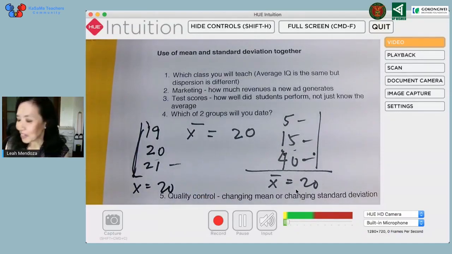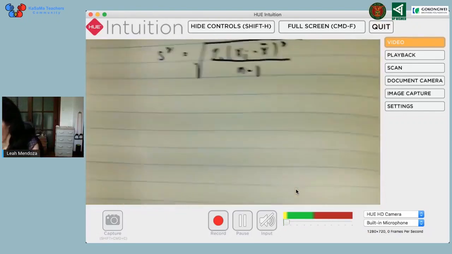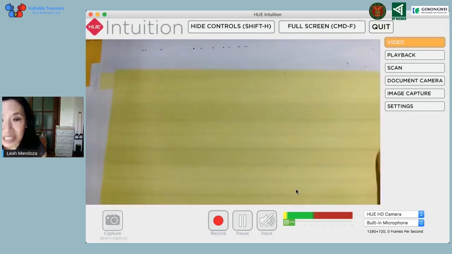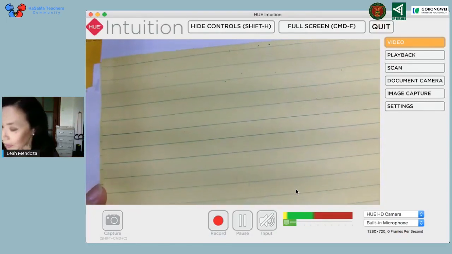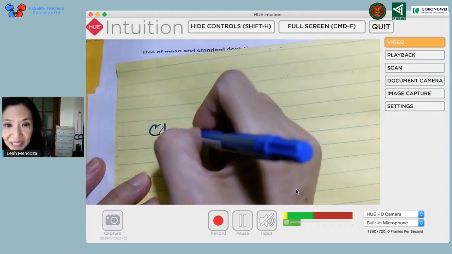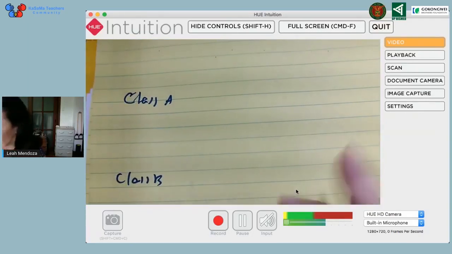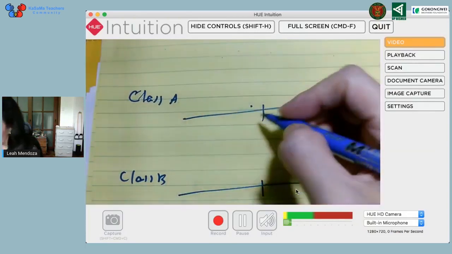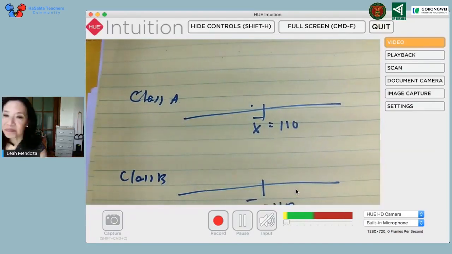Okay. Now, another example. Let's say I ask you, you can choose between these two classes to teach, class A or class B. As long as I tell you the IQ of both classes of students is 110.